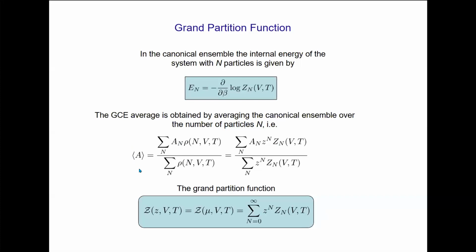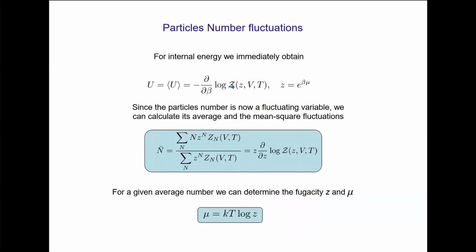Once we know the distribution of probabilities and how to calculate the average of any observable using this formula, we can, for example, calculate the average energy of the system in this grand canonical ensemble. Remember that the energy enters the canonical partition function as the sum of all Boltzmann factors, so it's very easy to show.